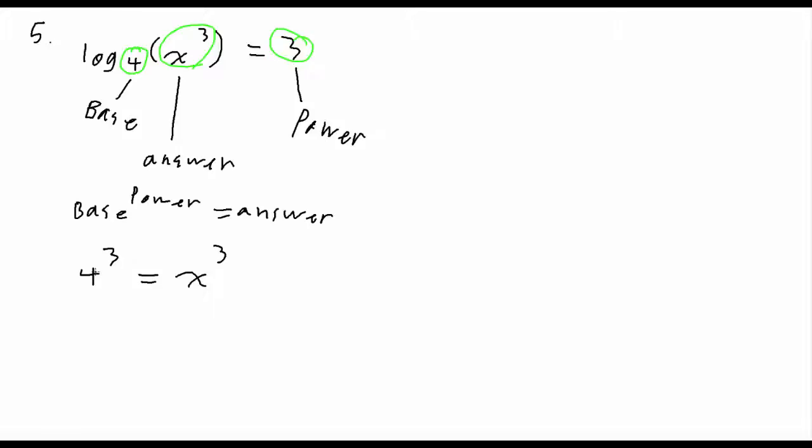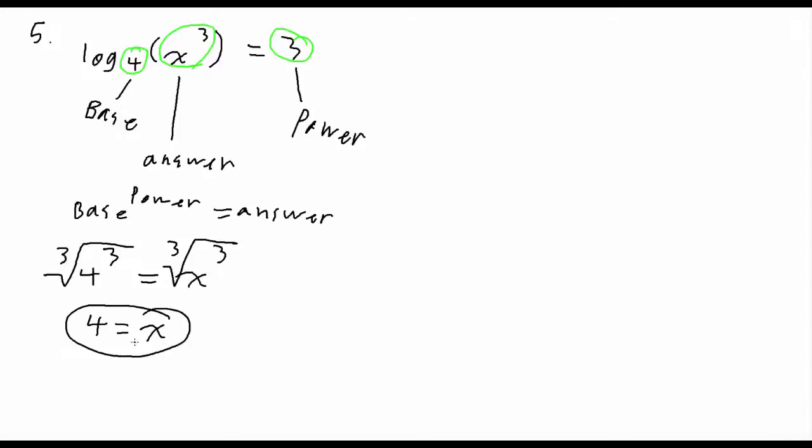So now, without even doing 4 to the third power, we can just find the cube root of both sides. And remember, because this is an odd number, we don't need to put positive or negative in the front. And this cancels out the 3 powers, which leaves us with 4 equals x, which is the same answer that we got last time. x equals 4 is the answer to 5, no matter which way you solve it.